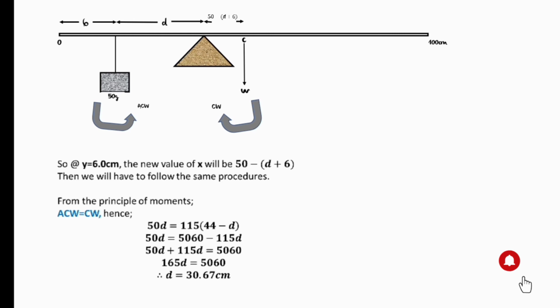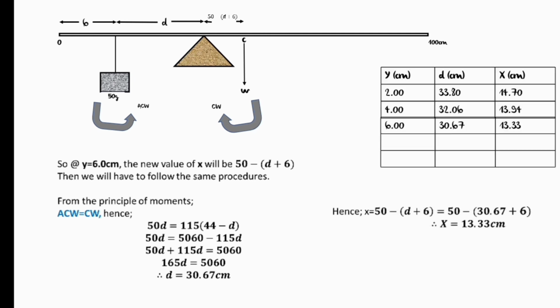And once we've gotten that, the next thing to do is we evaluate the value of our x, and from that same x equals 50 minus open bracket d plus 6, we'll find that the new value of x is 13.33 centimeter. And once we've gotten that, we also fill it in our table of values.